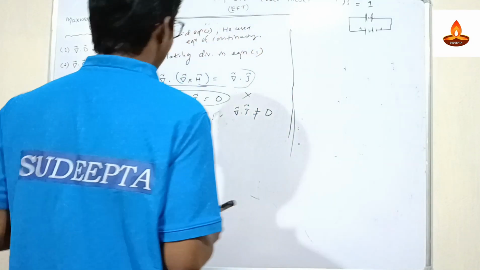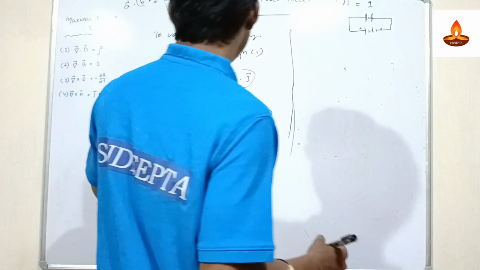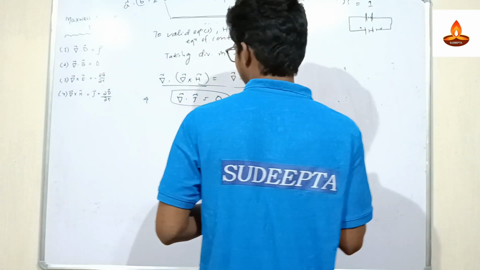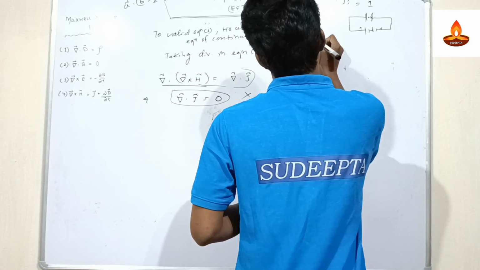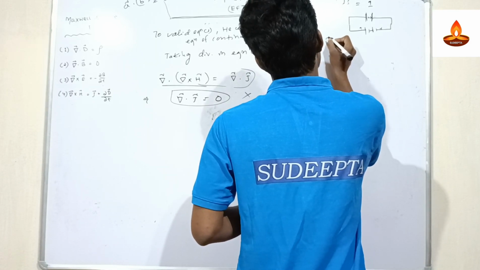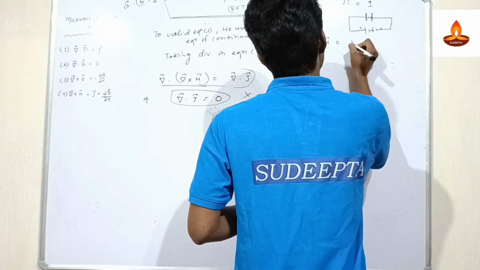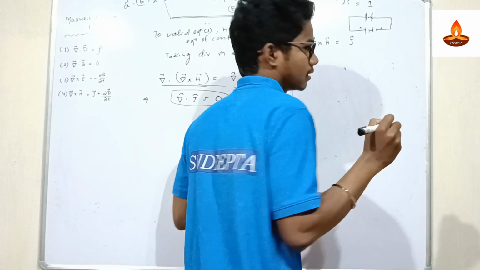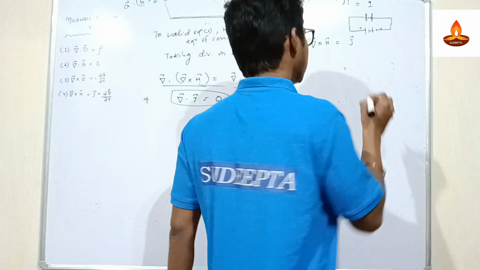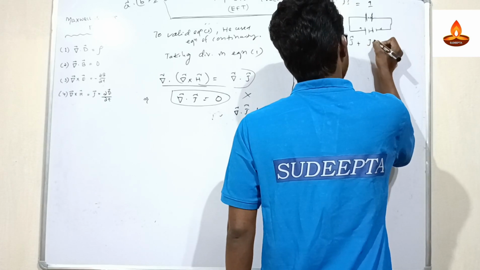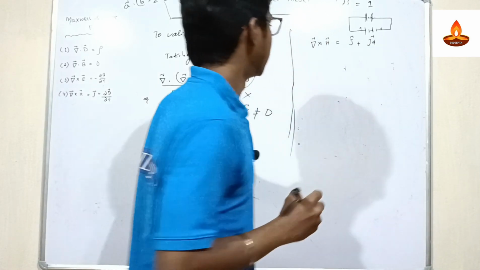So what is the equation 1 we wrote? Curl of H is equal to J. Here he adds something new, the displacement current density, JD. So curl of H equals J plus JD.